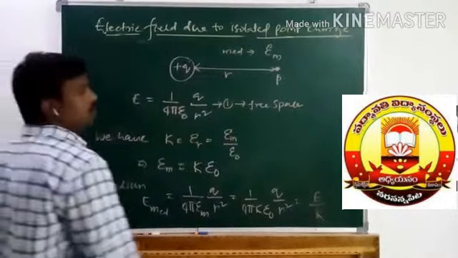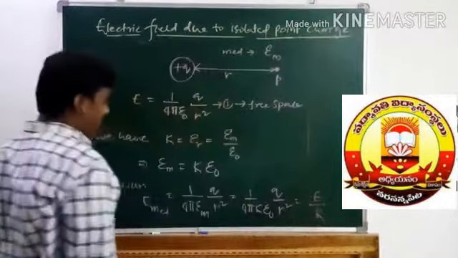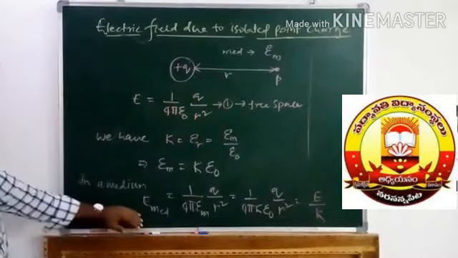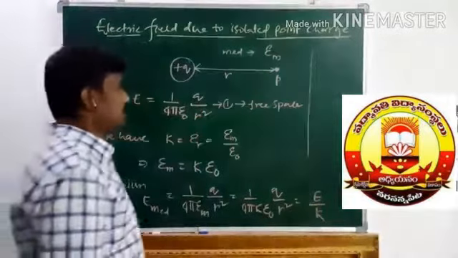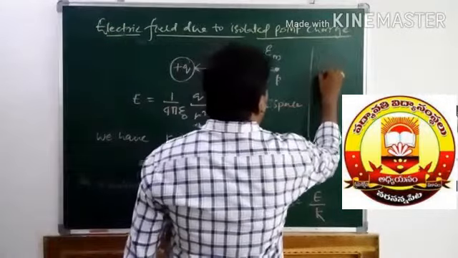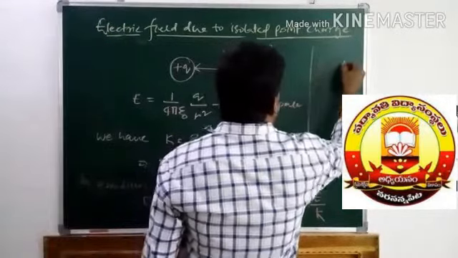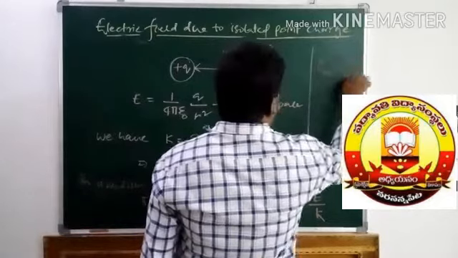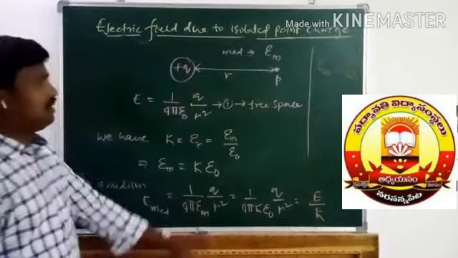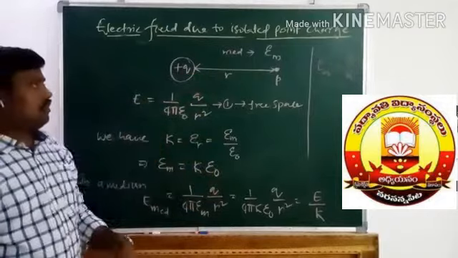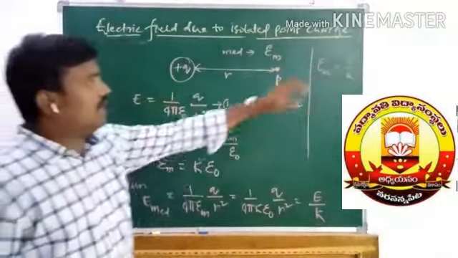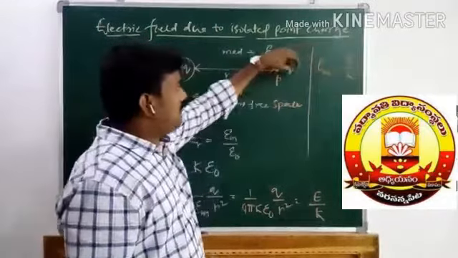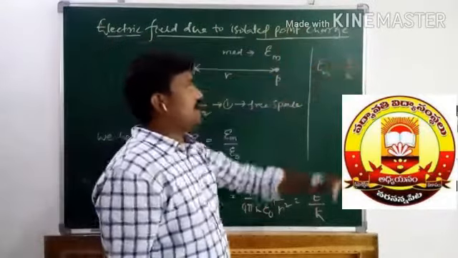So now you can understand the relation between electric field intensity in a medium and electric field intensity in free space: E medium equals E by K. When you take the particular system in any other medium, the electric field intensity at the same point will be reduced by K times.